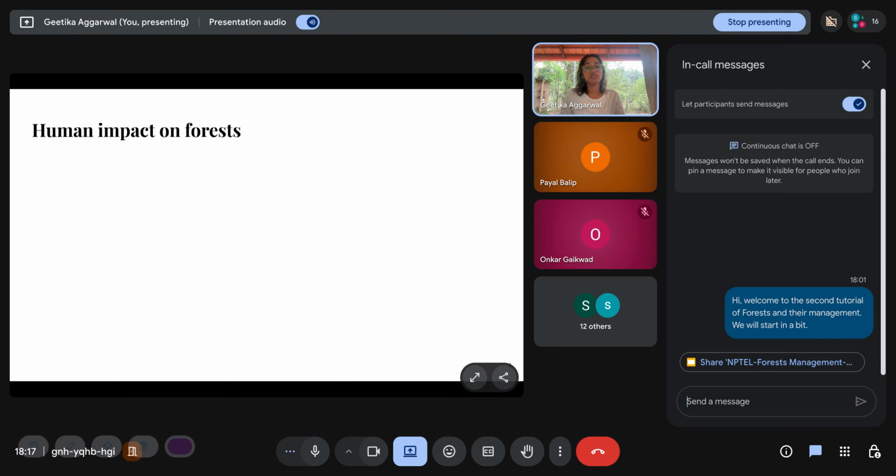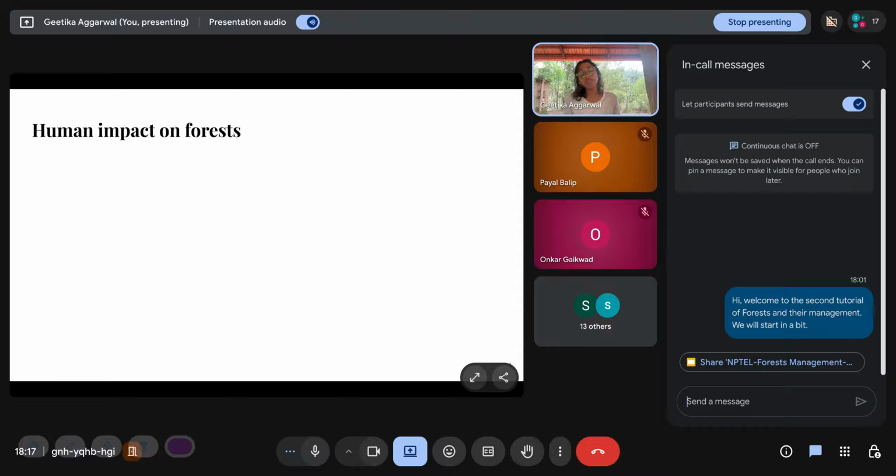Anybody? Okay, can you just give me a general answer to how humans impact forests? I think most of you should know. That's basic. Like, how do you think we impact forests? What are the different ways humans can impact forests and the environment in general? Would anybody like to take a guess?